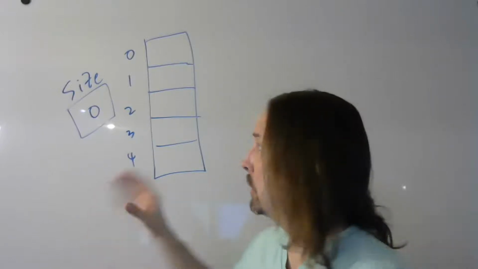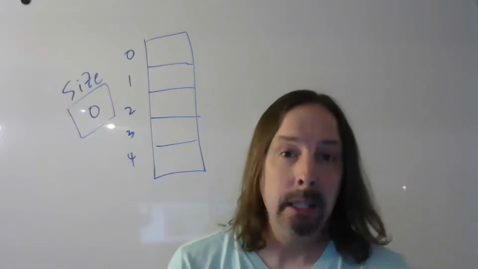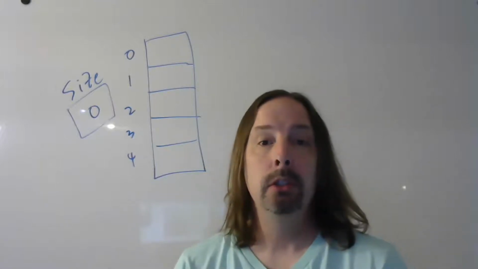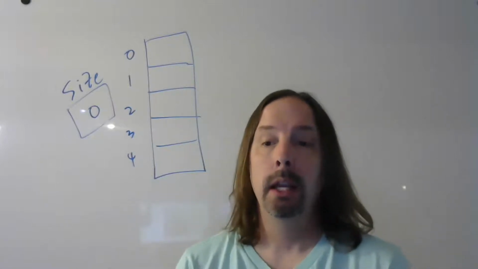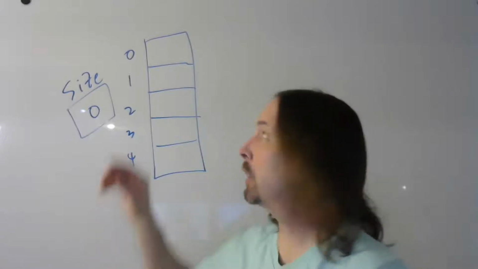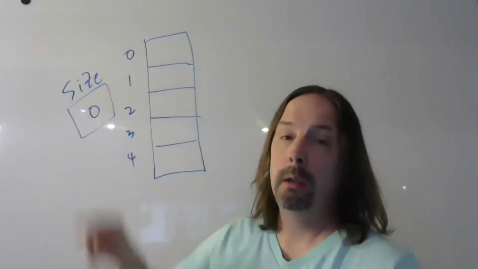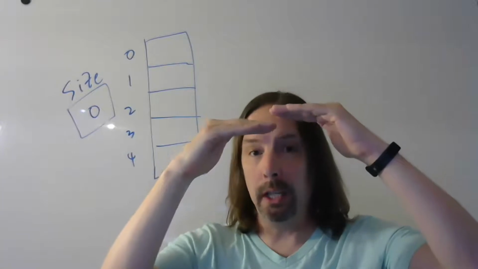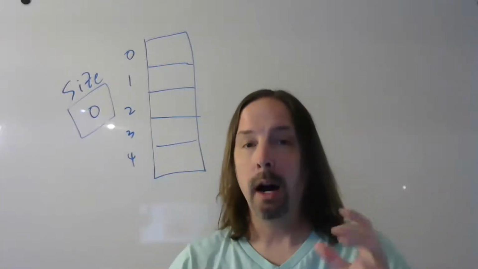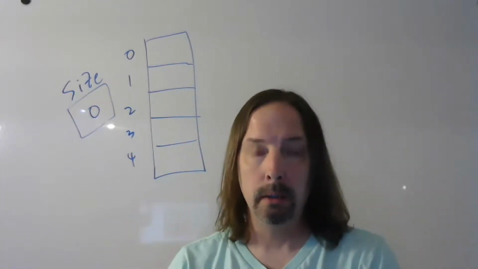So right now my list is empty, and if we wanted somebody to insert into it, then the only place they would be able to insert is at element 0, because we want to anchor our contiguous sequence at the top. That's the easiest place to do it.